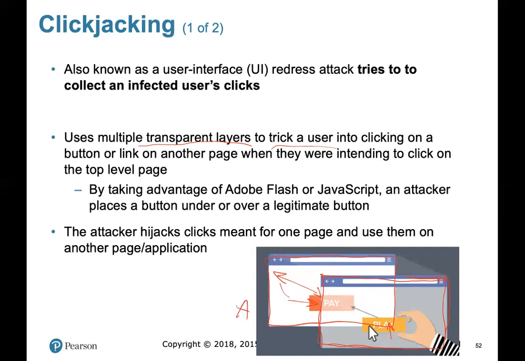This is the attacking application, and here is just a layer that shows a legit application to you. It is not the legit app, it's just the appearance or a screenshot of the legit application. So the attacker hijacks the click. The user meant to click on these, but the click is in fact being transmitted to the attacking application, and this is the way they hijack the clicks.